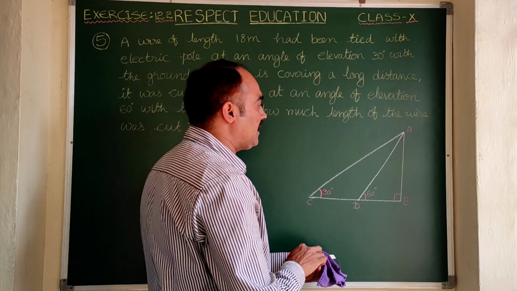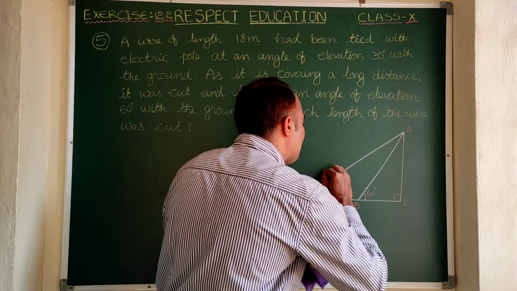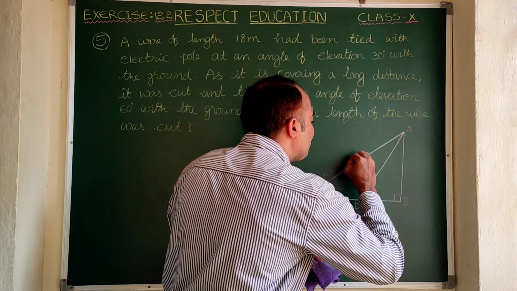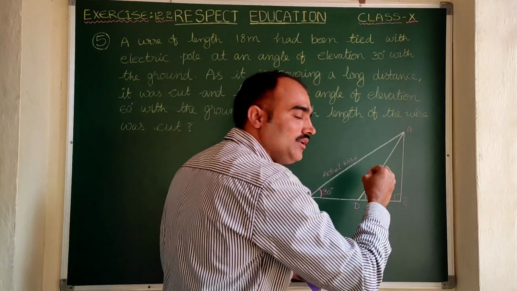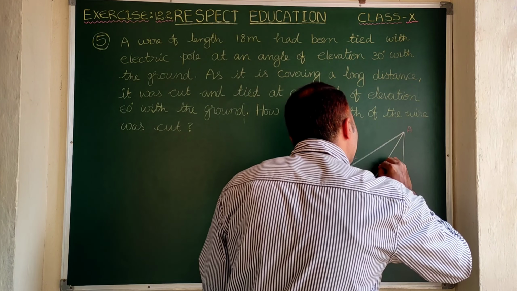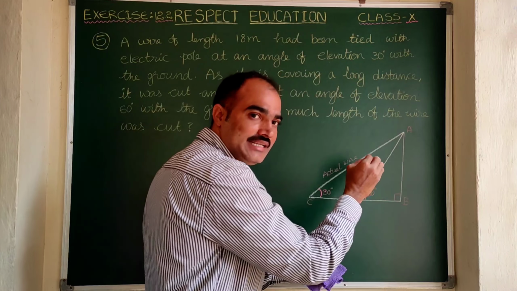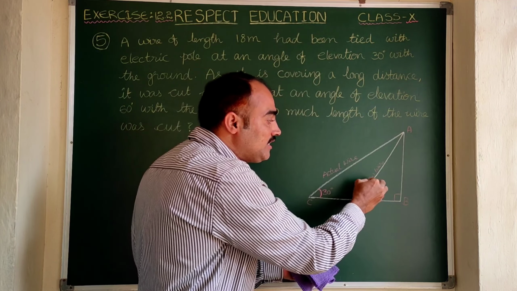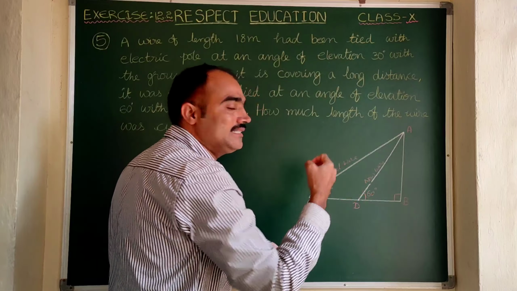Now AC is the actual length of the wire, the actual wire, and AD is the new wire. New wire means the wire obtained by cutting some length from AC.